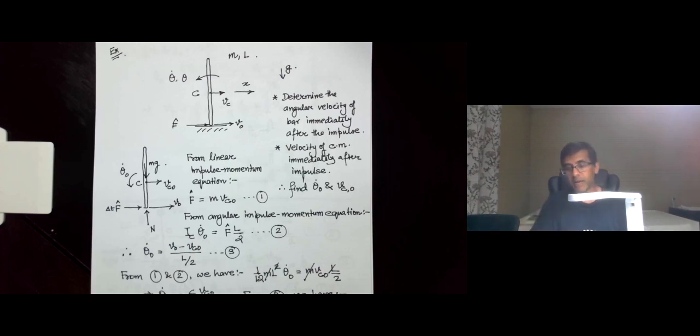So if it is the center of mass, the angular impulse is calculated about the center of mass. If it is a fixed point, the angular impulse is calculated about that fixed point. Okay, and that is equated to the change in angular momentum. So that is the reason why we choose either between the center of mass or a fixed point.